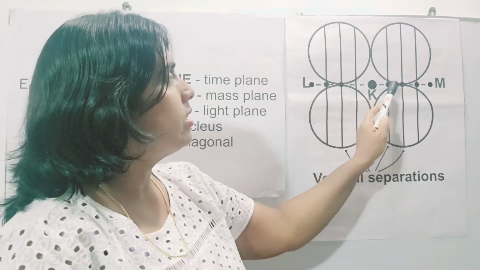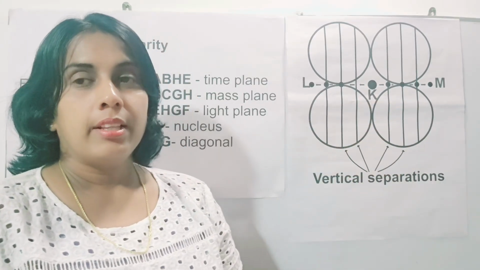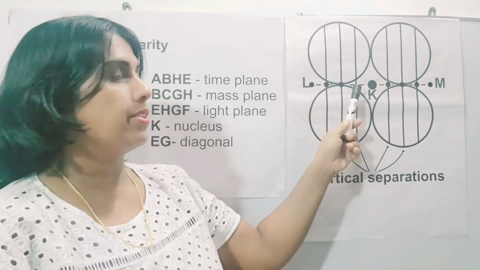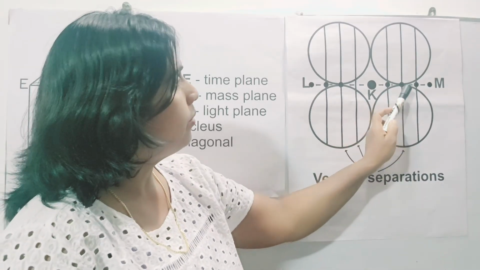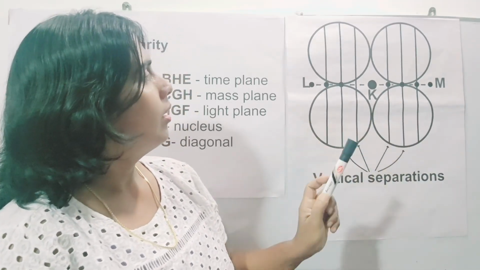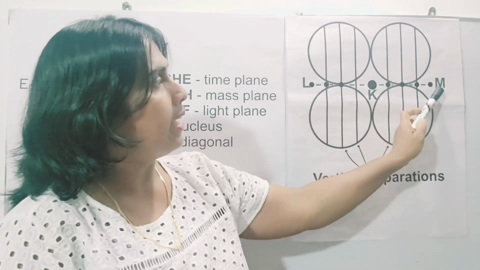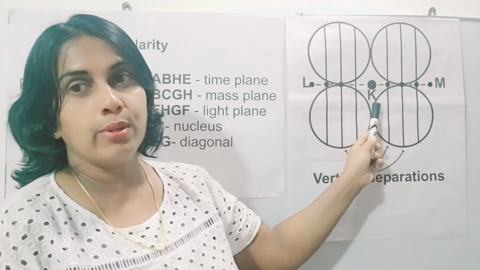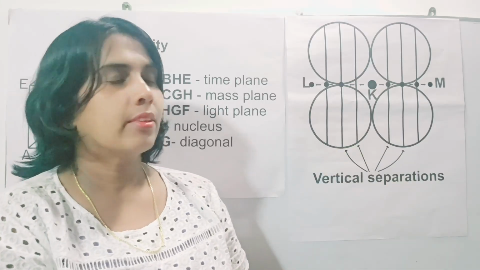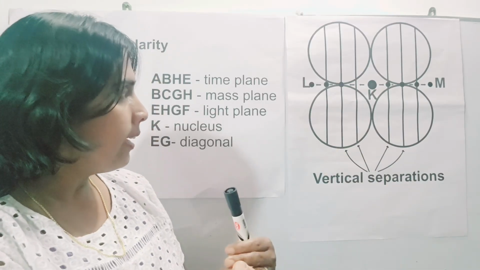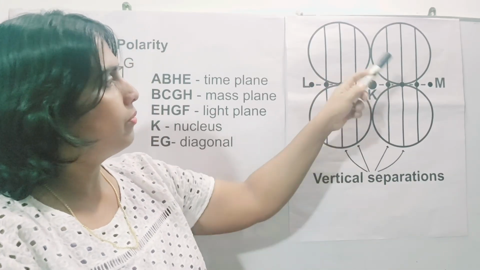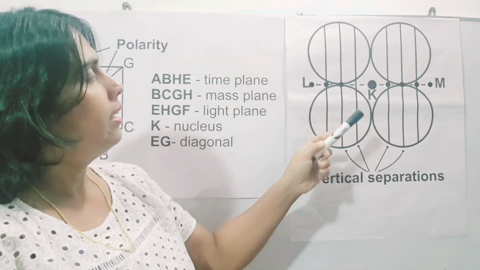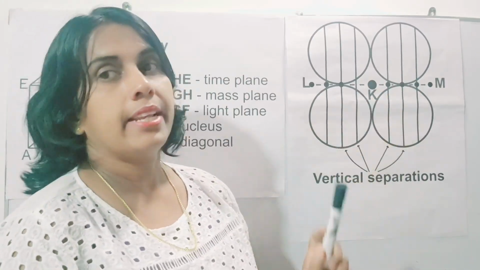So at each intersection point, a new set of nuclei is created. These are new nuclei because L and M try to bring the central nucleus K towards them. As a result, only the four spheres split vertically, and then a new set of nuclei are created.